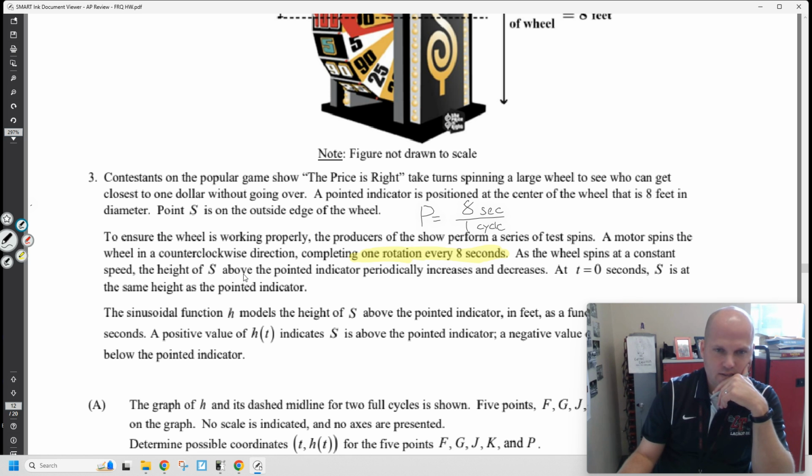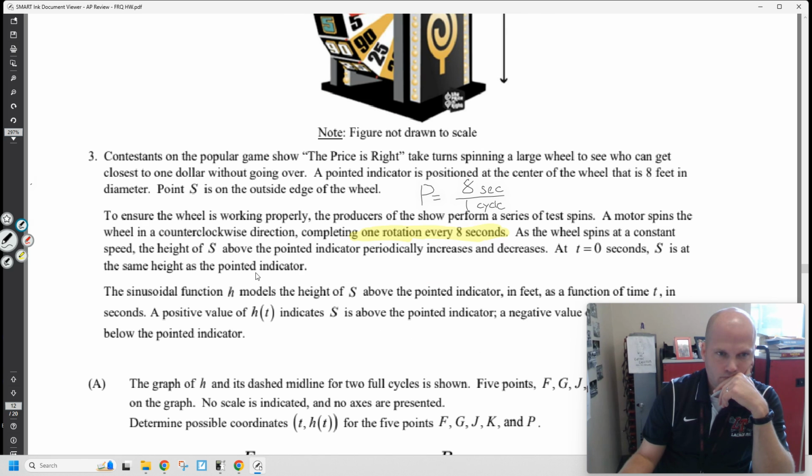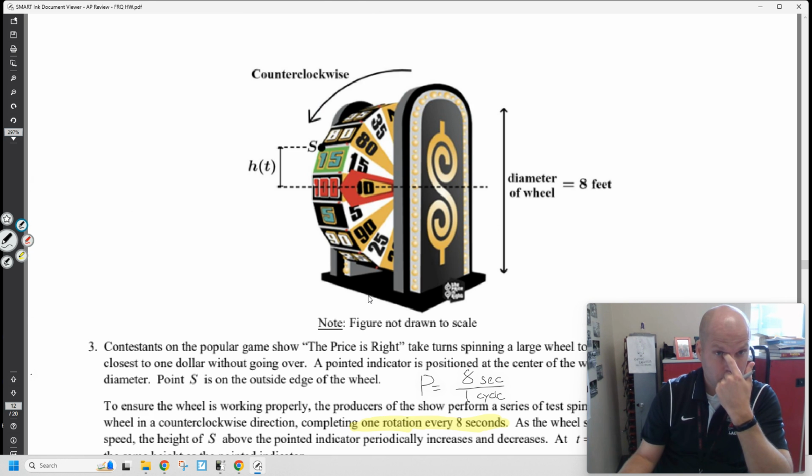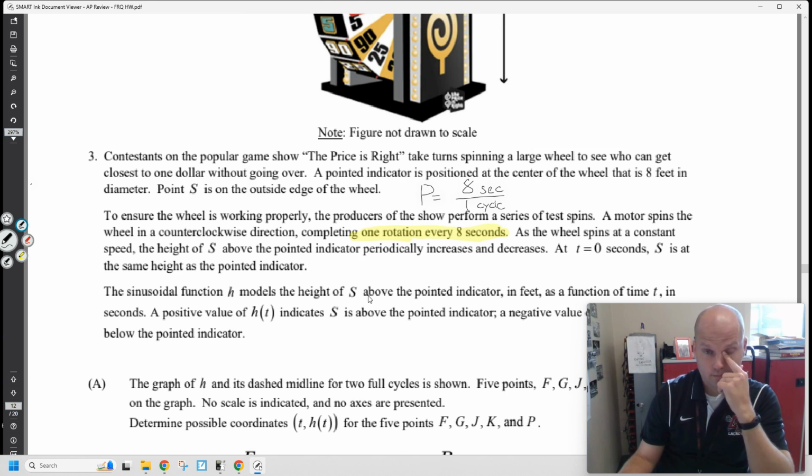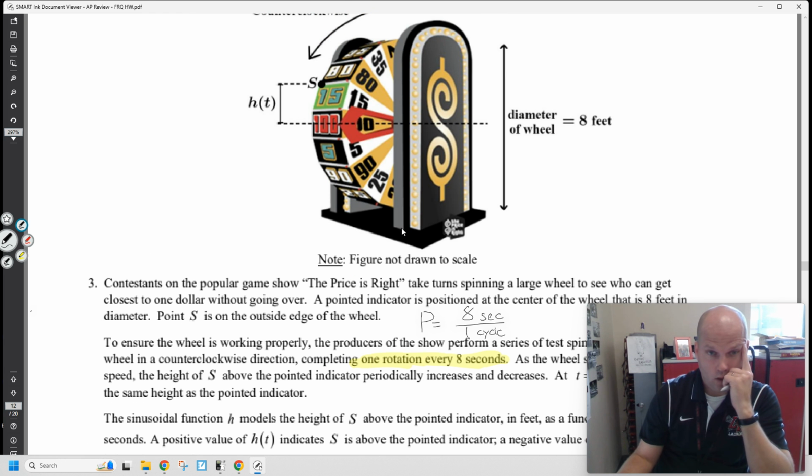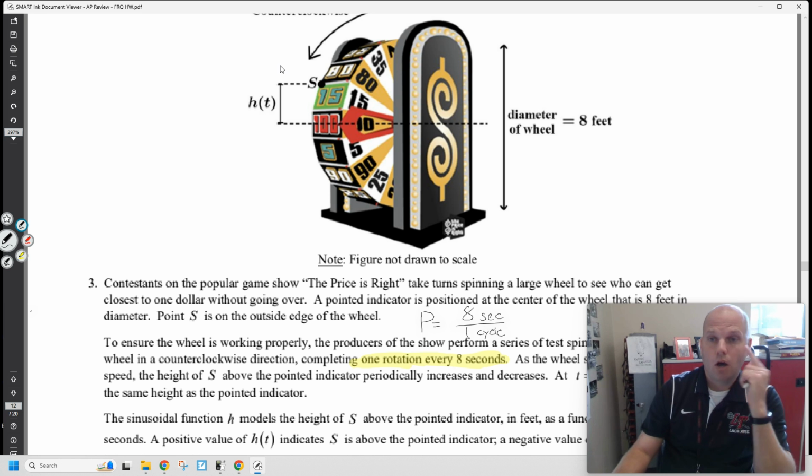The height of S. The height of S above the pointed indicator. Oh, here's the pointed indicator.